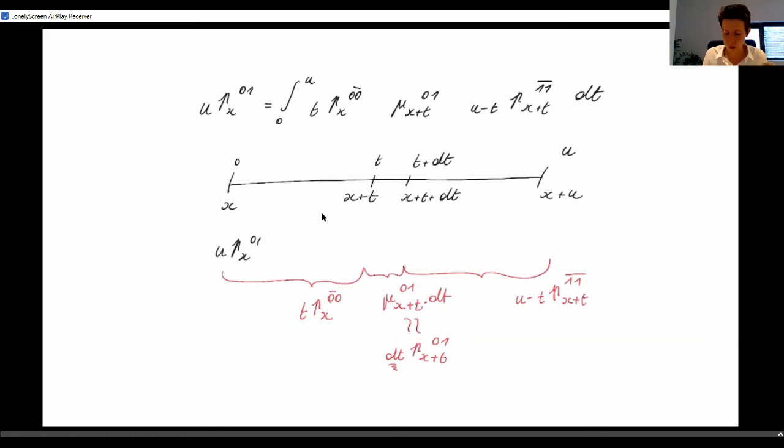So it really assumes that you're going to go from state 0 at a certain point in time to state 1, and you're going to stay there for a while. If movements are possible up and back between state 0 and state 1, then this expression would of course not be valid. And the same holds if movements would be possible from state 1 up to state 2 and back, then this would not be a valid approach to take.